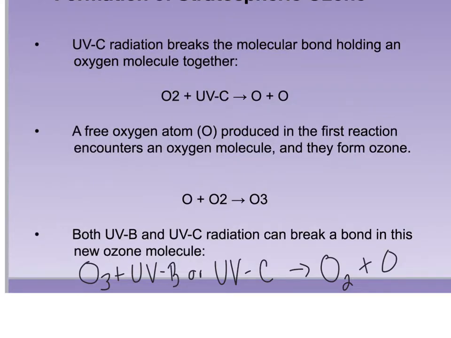Okay, so then that cycle starts again. Thus the formation of ozone in the presence of sunlight and its subsequent breakdown is a cycle that can occur indefinitely as long as there's UV energy entering the atmosphere.